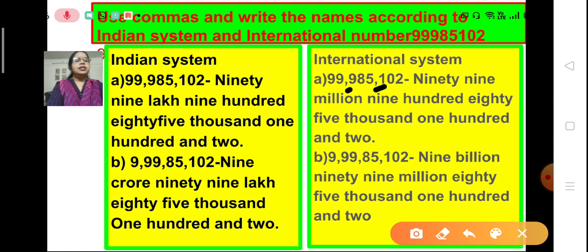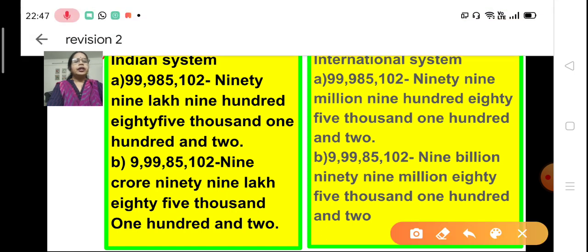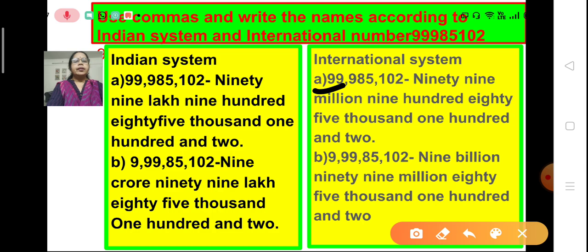It is 99,985,102. So yes, this is the correct option. Alright. The next option is not right, because here we have after first 3 digits from the right, we have commas after 2 digits. So according to international system of numeration, this is wrong. So which is the correct option? The correct option is A.